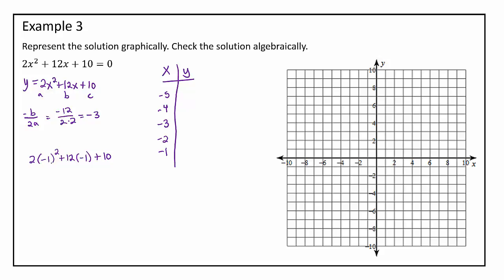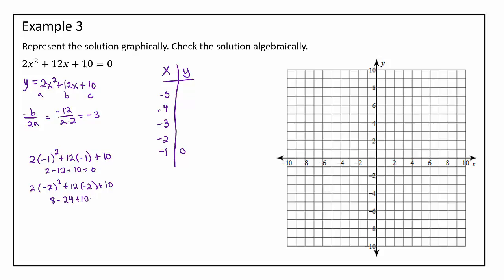So this is 2 times a positive 1, then we minus 12, then we add 10, and all that together makes 0. So that's actually one of our solutions. And then we do 4 times 2 is 8, minus 24 plus 10.